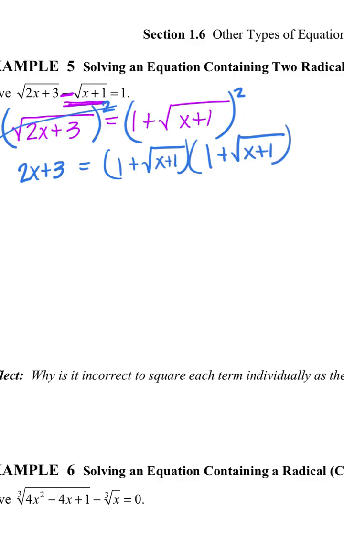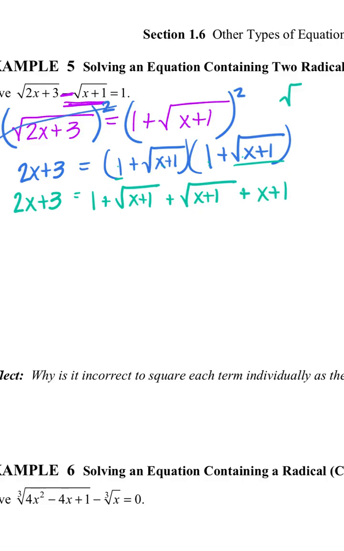So we're going to do that double distribution thing. I'm going to keep writing this over here because we can't change it. 1 times 1 is 1. 1 times the square root is the square root. The square root times 1 is the square root. And the square root times the square root is just x plus 1.